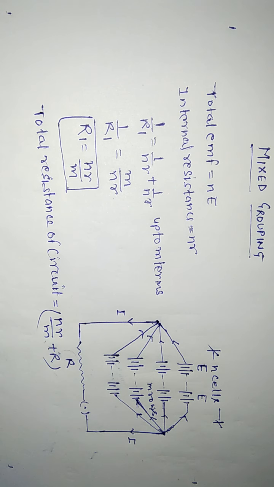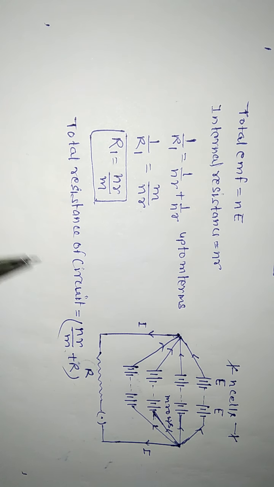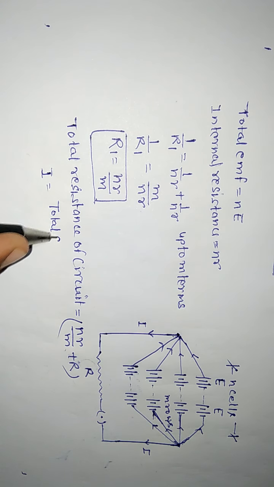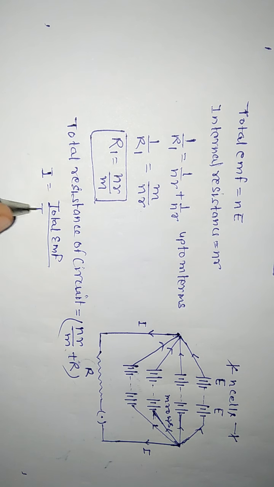If the current in the external circuit be I, then I is equal to total EMF upon total resistance.